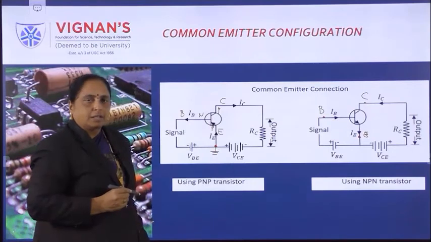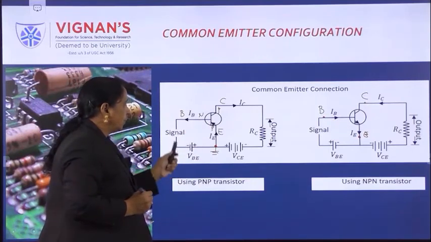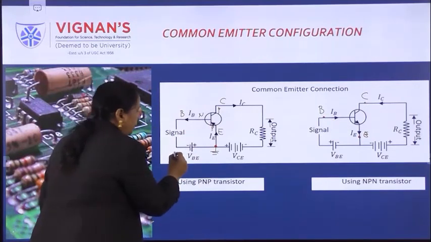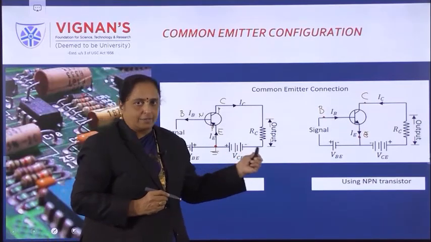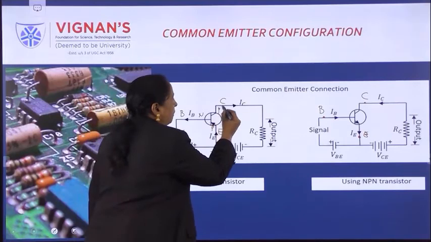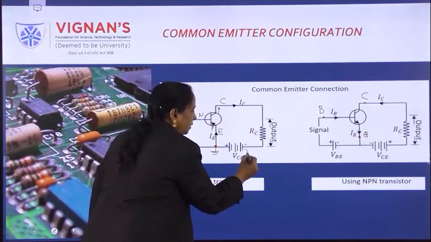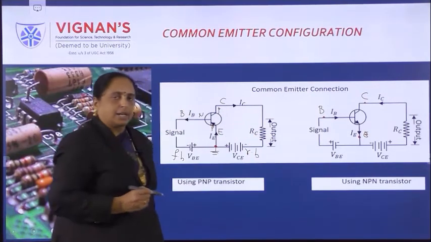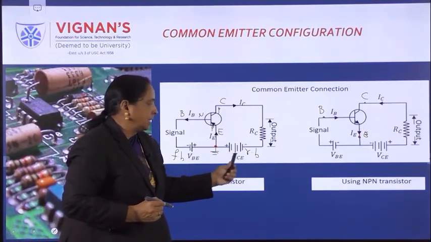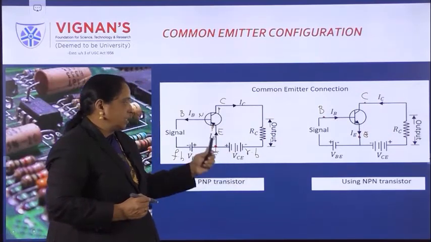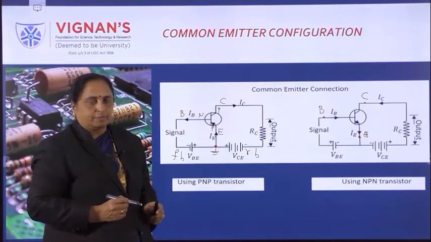P positive, N negative. So this is perfectly under forward bias condition. Collector junction is reverse bias. Reverse bias means to the P material, minus. So this is under reverse bias condition. So if emitter base is forward biased and collector junction is reverse biased, this is known as the active region.